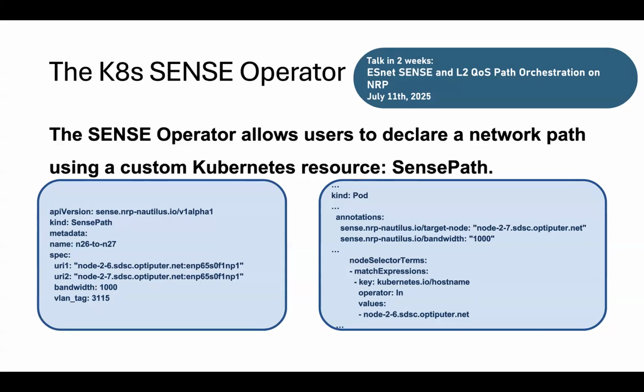Of course, if that VLAN tag is used, that increases the chance of the path not being able to be provisioned and returning an error explaining to the user that the tag is used. Otherwise, users can drop this field entirely, and this will assign a VLAN tag that is available. And of course, users can also start paths where the other URI, so the other endpoint, doesn't have to be an NRP node just because you're specifying a SensePath.